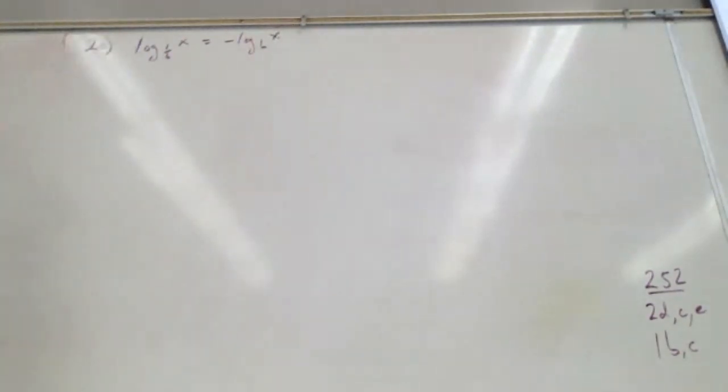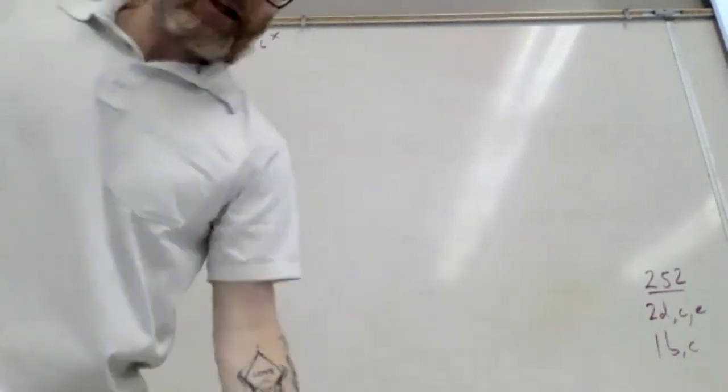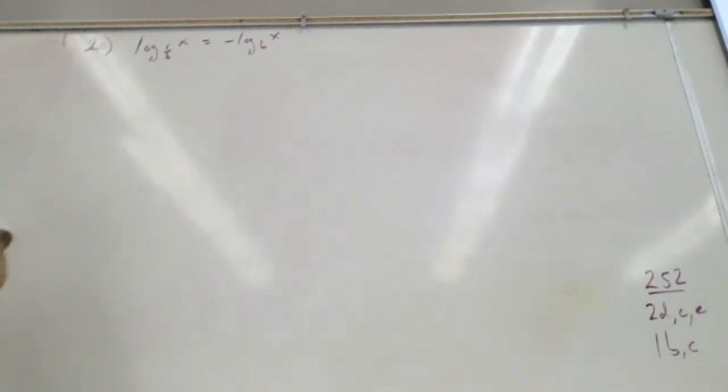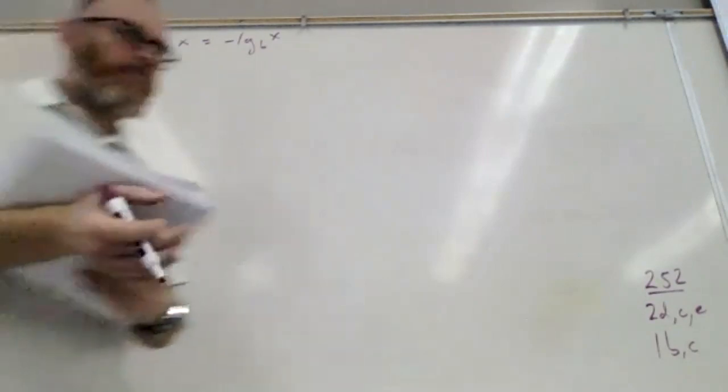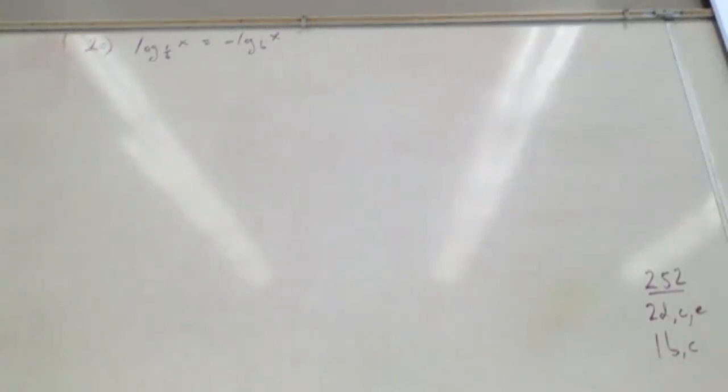Who asked this one? I'm just not really sure what to do when you have a fraction in the base. Okay, so this is one where you lean on the rules.